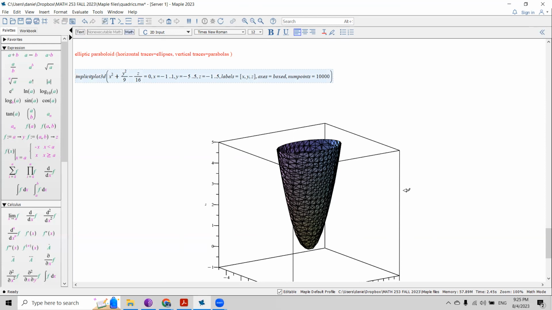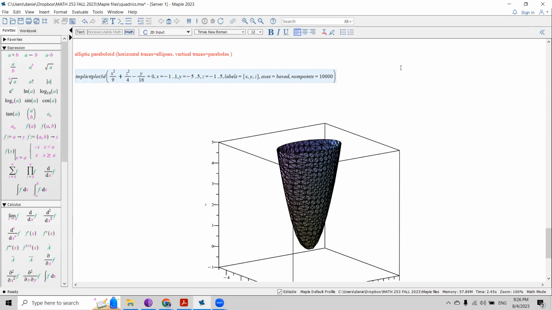Always remember, again, if I interchange, let's say I have x squared over 9 plus z squared over 4, let's say minus y.